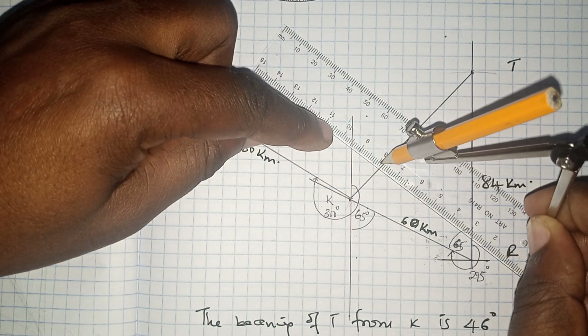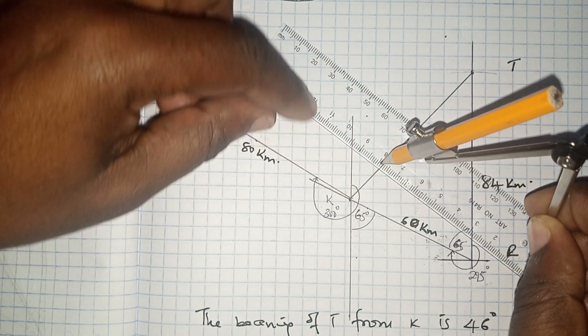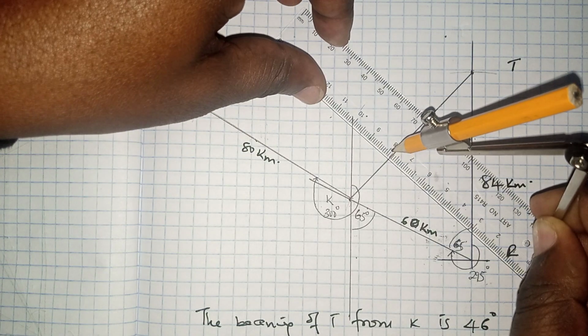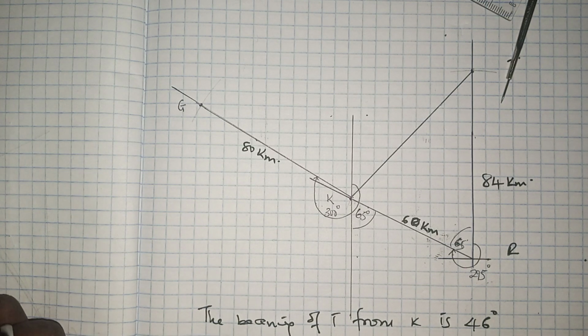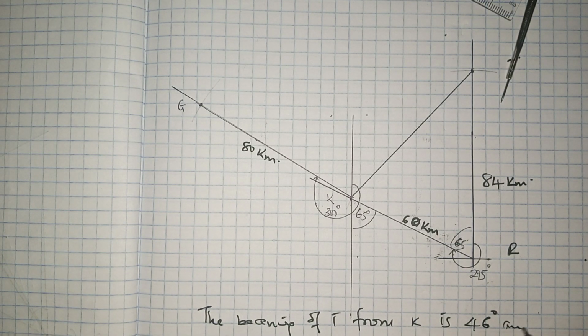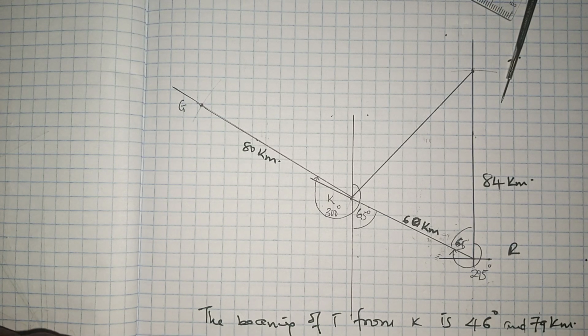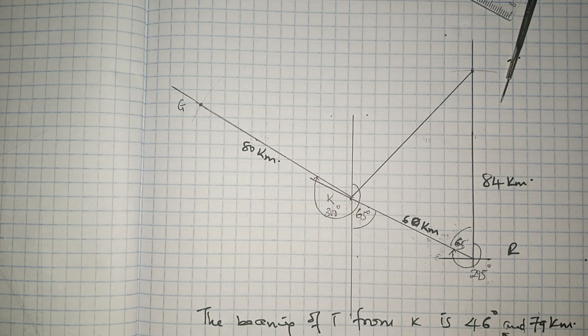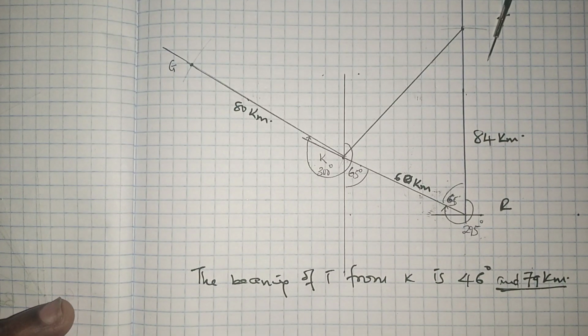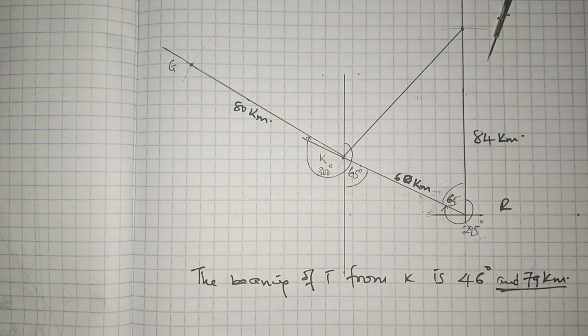It is 7.9 centimeters, and 79 kilometers. The bearing of T from K is 46 degrees and 79 kilometers away. The distance is 79 kilometers.